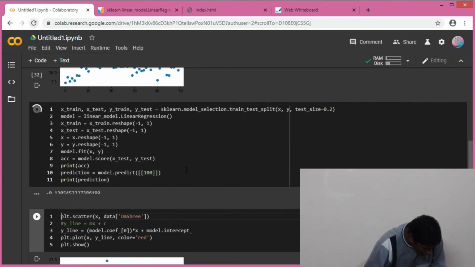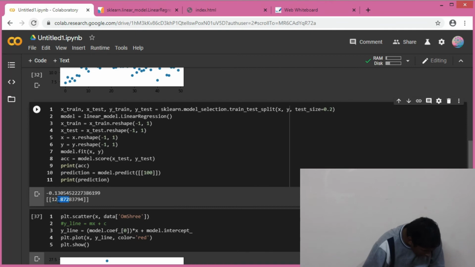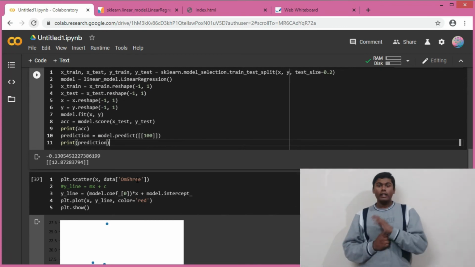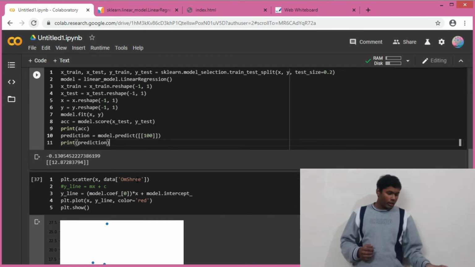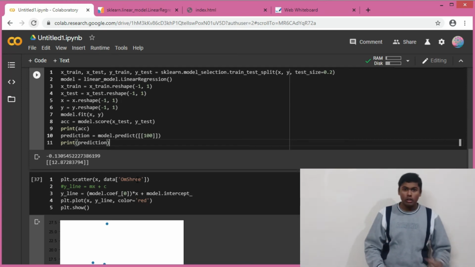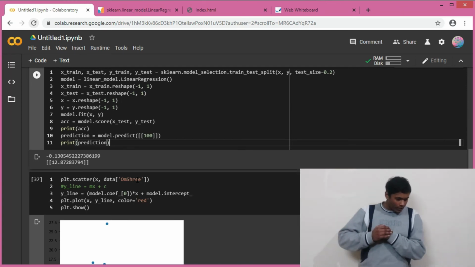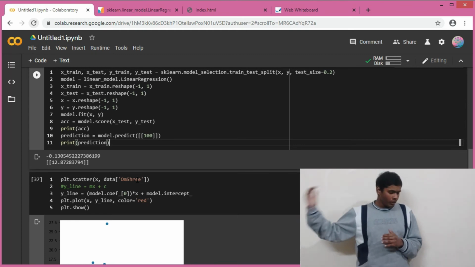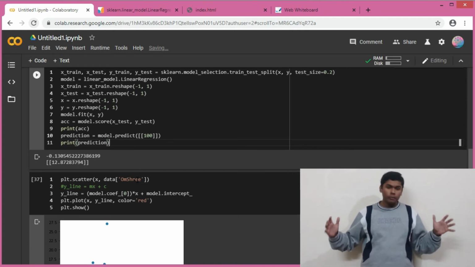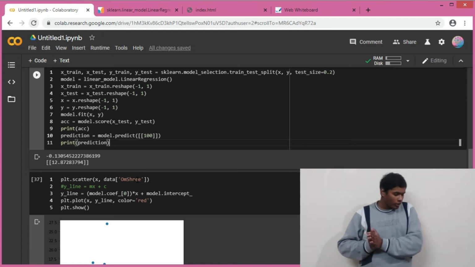And it says that at the 100th run, he will take 12 seconds. So that is the prediction of the model. At the 100th run, when he is running for the 100th time, he will take 12 seconds.